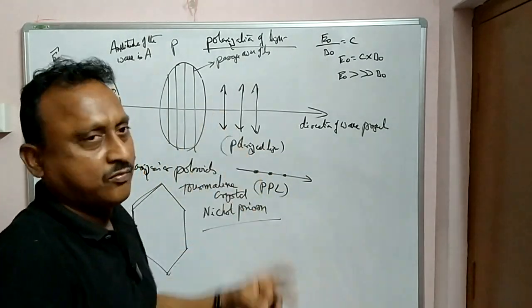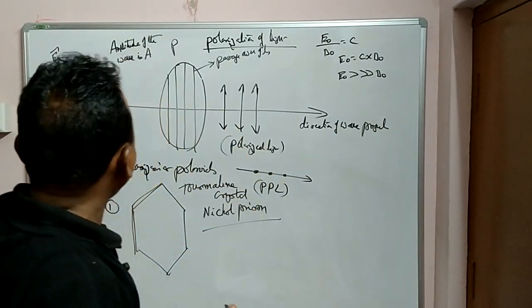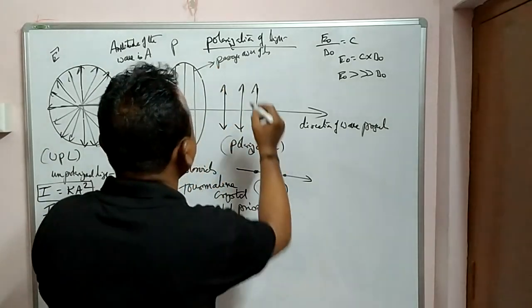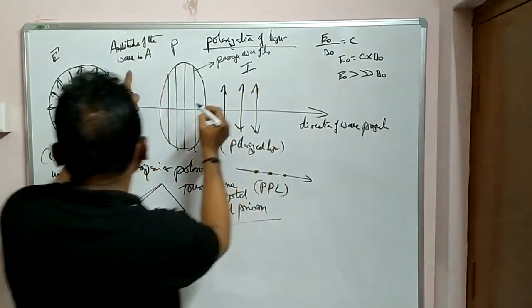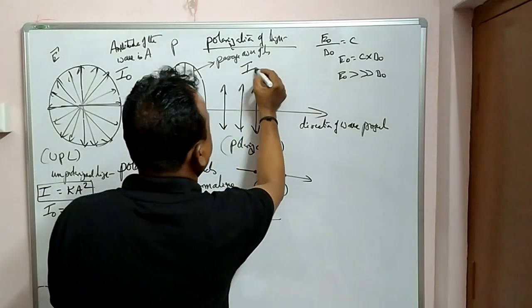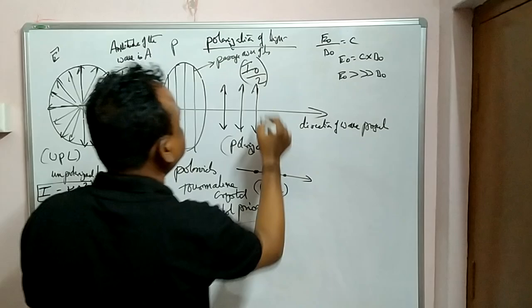This light is polarized. That means whatever intensity was there, it was reduced to half. Suppose the intensity before it was I0. Now it is becoming I0 by 2.